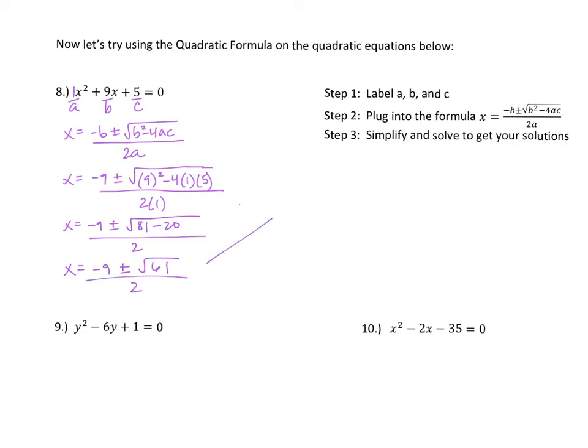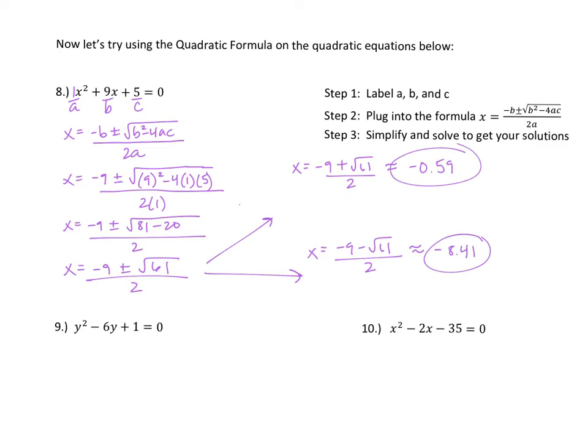And then this is where we can break it up into two pieces where we have x equals negative 9 plus the square root of 61 over 2, and then x equals negative 9 minus the square root of 61 over 2. I'm going to have you go ahead and right now try plugging in those values into your calculator. Let's see if you can plug them in correctly with parentheses and see if you can get your results. Pause the video here and we'll check it out.